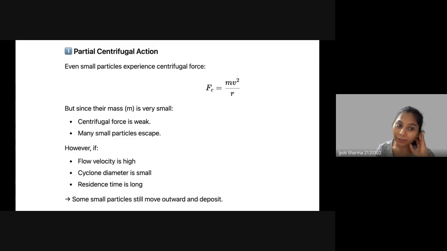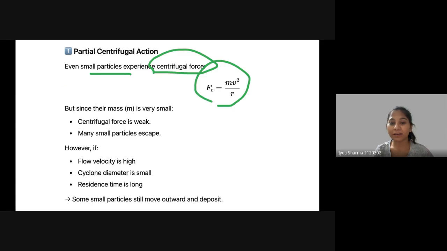So you can see here, if we have a small particle, it will experience a weak centrifugal force, and you need to learn that formula, which is very easy: m v square upon r. It means if our mass is very small, the centrifugal force will be very weak, so the cyclone will not help us much to deposit small particles. Small particles will escape with the air, because we do not have a high centrifugal force when the mass is very small.